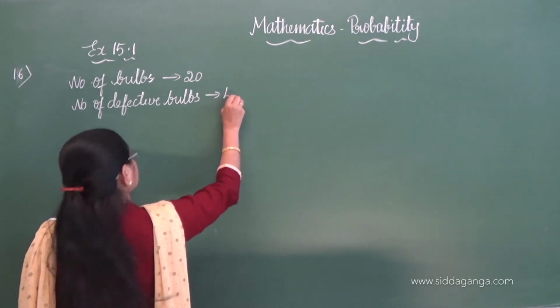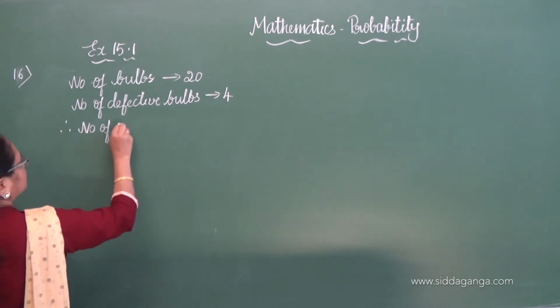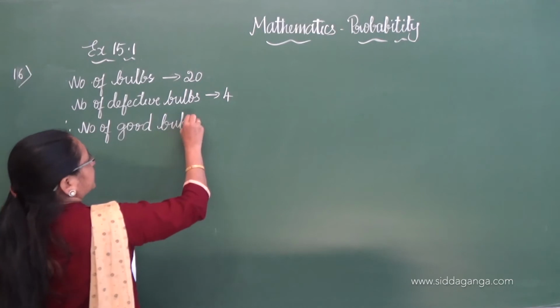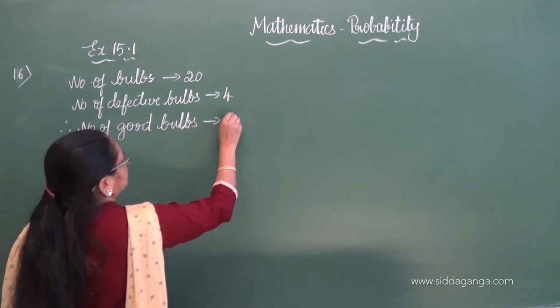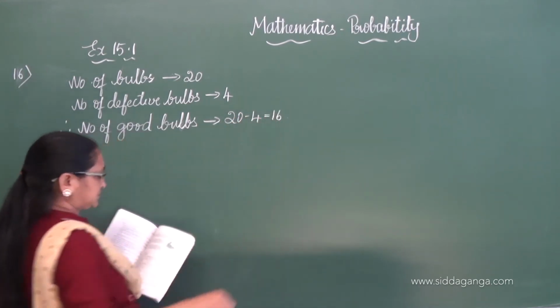Defective bulbs are 4. Therefore, number of good bulbs, this should be very clear. 20 minus 4, that is equal to 16.